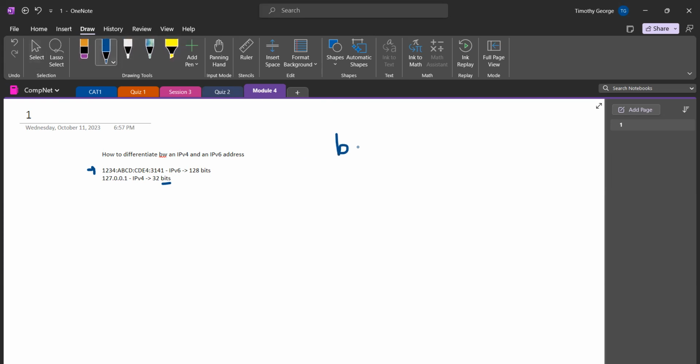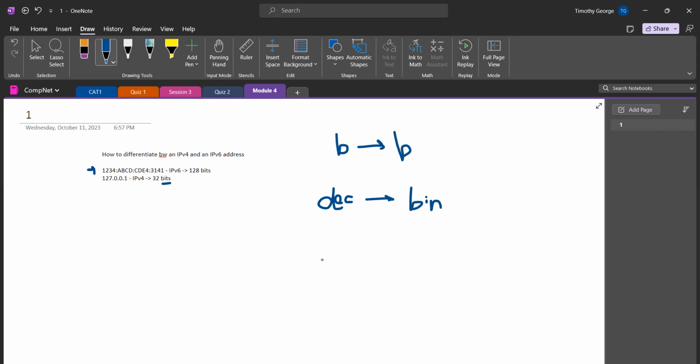Bits is binary. You cannot count these decimal values and say how many bits, or these hexadecimal values and say how many bits. If you have a decimal value, you have to convert that into binary before you can count how many bits there are.